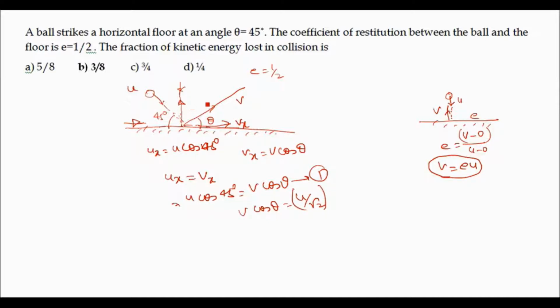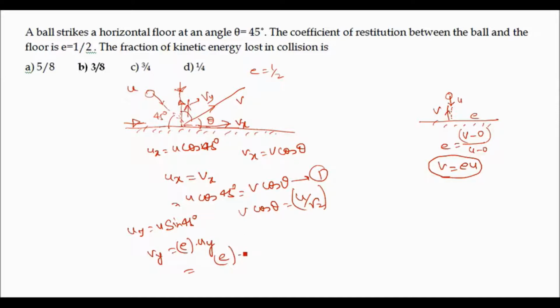Now due to collision, the rebound velocity changes. So v sine theta, or basically uy is equal to u sine 45 degree, with which it is approaching, while it returns with a velocity equal to vy. So vy is equal to e into uy, as e is the coefficient of restitution.